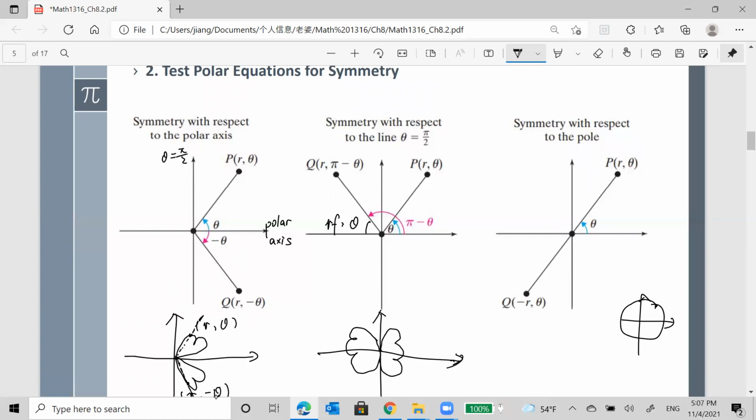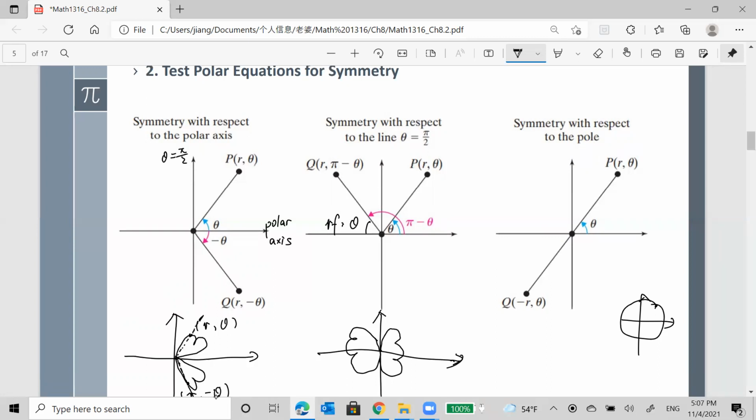Imagine this is a circle, and then I reflect this circle. This is the polar axis. Upside down, I get the same graph, and then this one I reflect along the line theta equals pi over 2. So I do the reflection, and I get the same image.